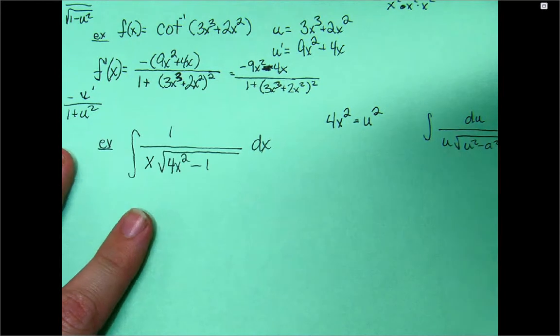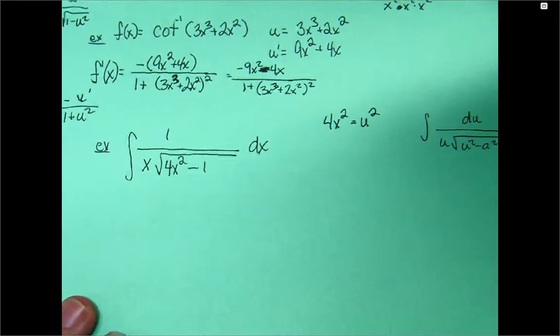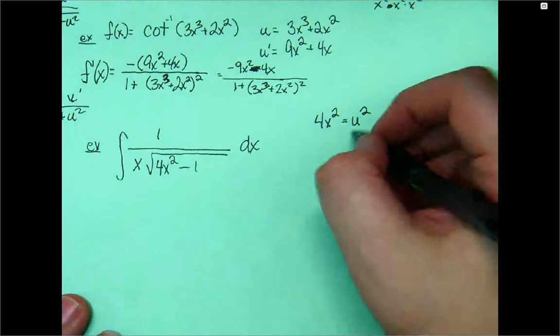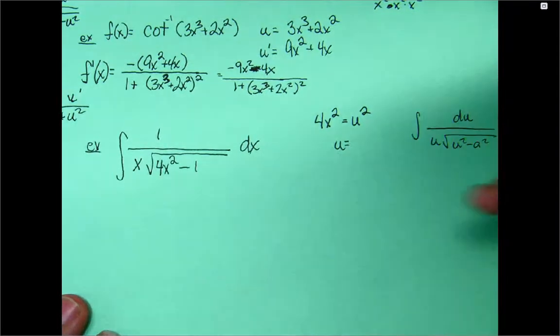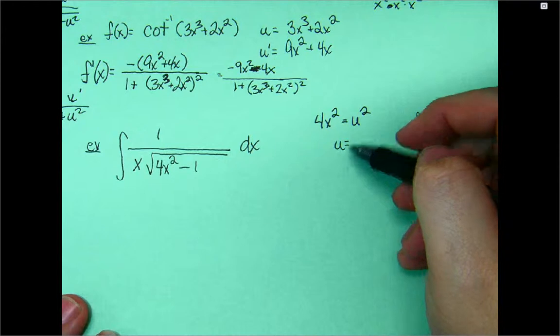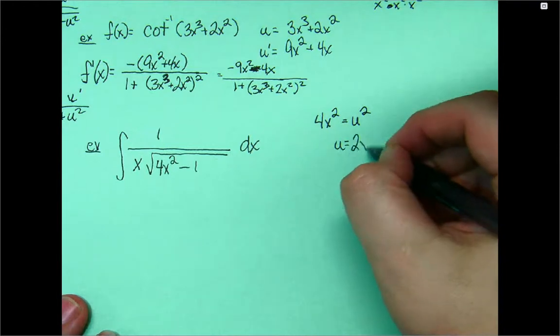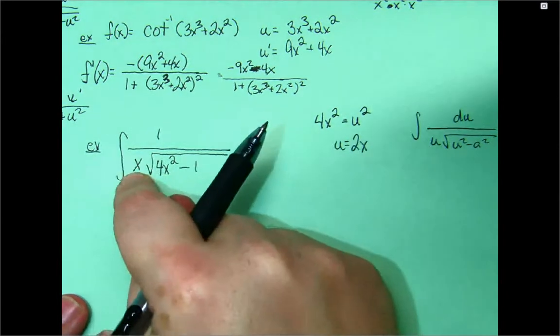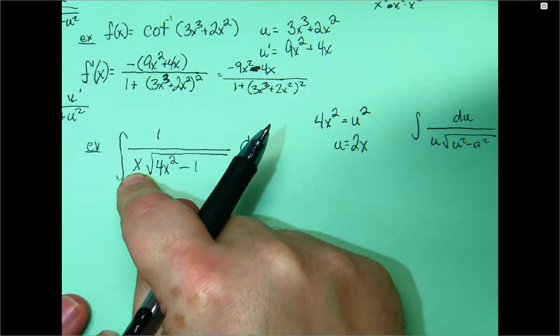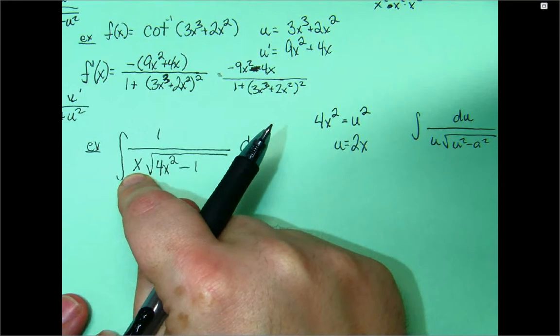Alright, so what's u? If u squared is 4x squared, what's u? 2x. Now, do I have 2x here? No. That's a problem, isn't it?